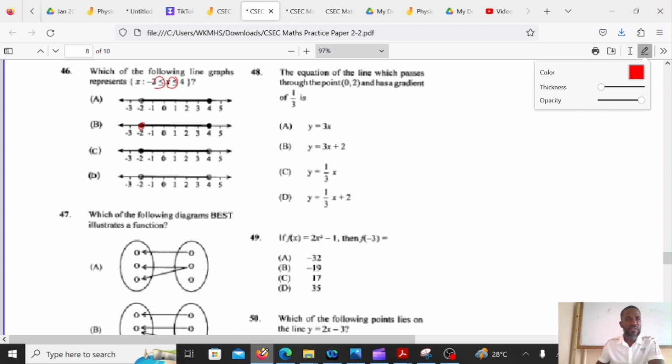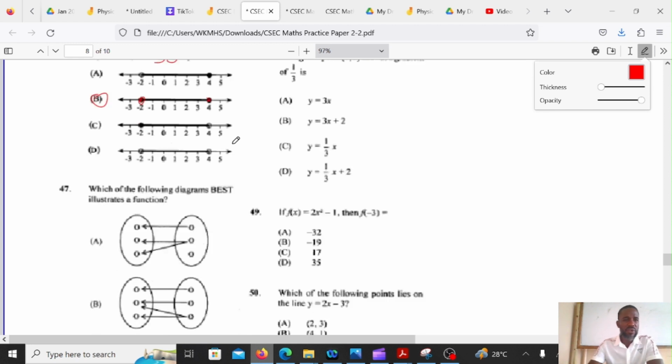We have a solid circle here, and solid circles would represent the information here. So B is the answer there.